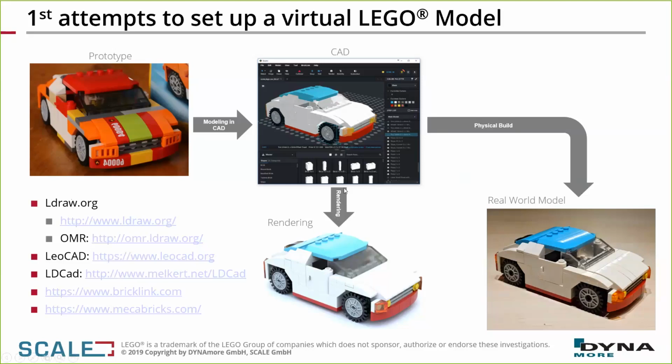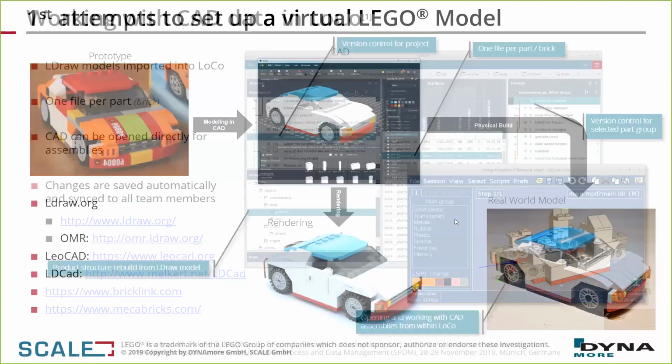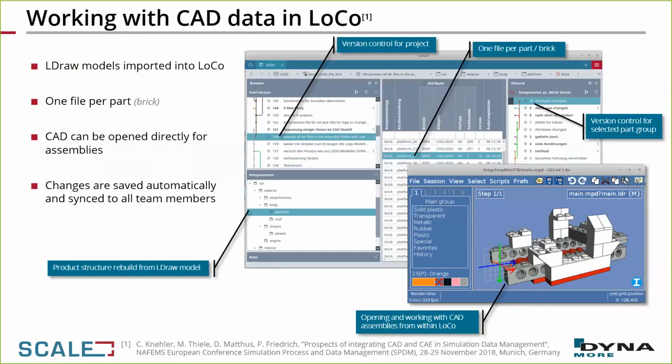And I built myself a small prototype, created a CAD model, and I was set up. Then even later, a customer approached us and asked whether he can already work with CAD data within LoCo and relate the CAD data directly to a meshing process. And we said, well, yes, we should be able to do that.